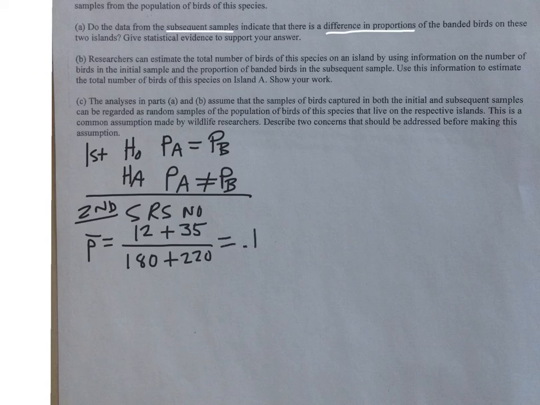This work gets you about 12%, and it's that number that you're going to need to multiply to the grand total number of birds, which was 400 that were collected.